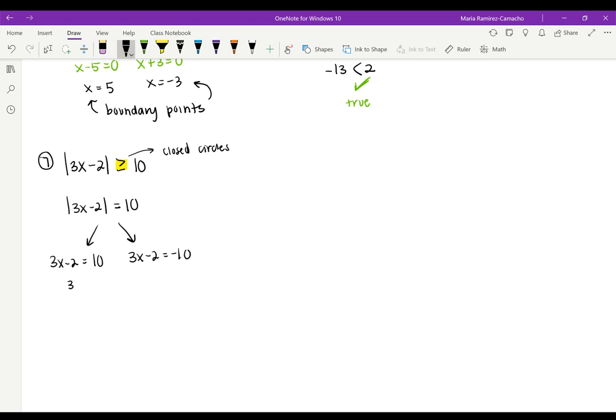If we solve both for x, we're going to get x equals 4 and x equals negative 8/3, which is negative 2 2/3. I keep wanting to box these solutions in, but they're not the solutions, they're just the boundary points.